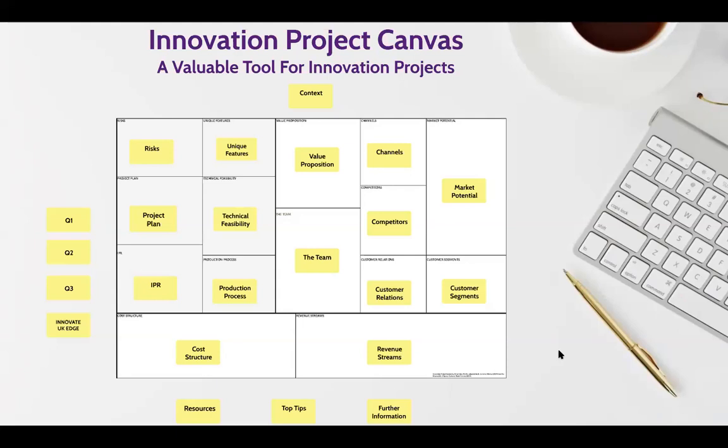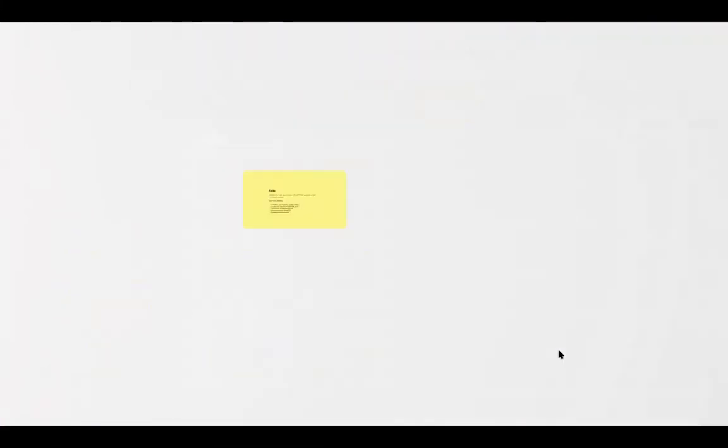We've looked at the production process in detail, and we've defined that yes, the product or service can be developed and scaled once it's taken to market. We've also looked at where the IP sits within the project, and clearly understand our IP, how we're going to protect it, and how we're going to manage it moving forward. We've looked at the project plan, and we've detailed that out. And then the next thing we consider is the risks.